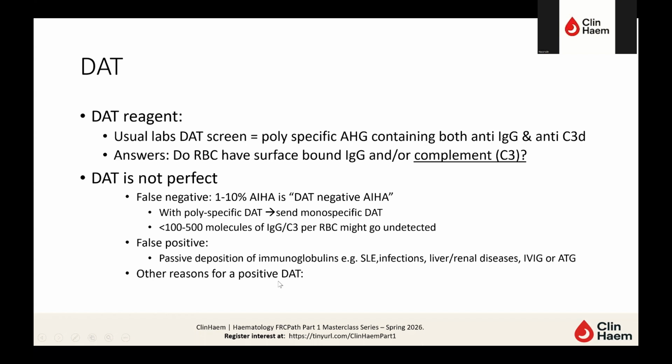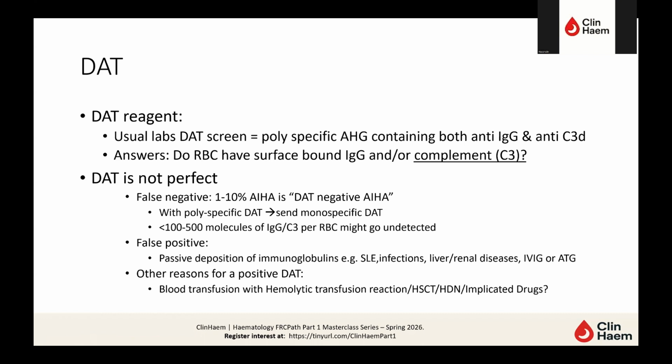But there are other reasons for a positive DAT pathologically. So, for example, a blood transfusion with a hemolytic transfusion reaction, for example a delayed transfusion reaction. The patient has had blood transfused from a donor, and some of the antigens would be foreign to the recipient, and the recipient, which is the patient, will make antibodies against the donated cells, and they will coat them.